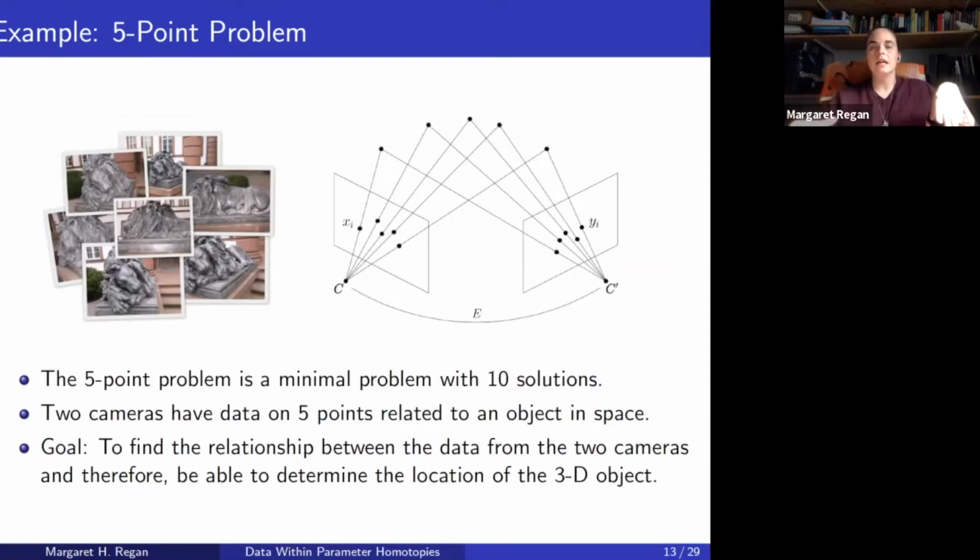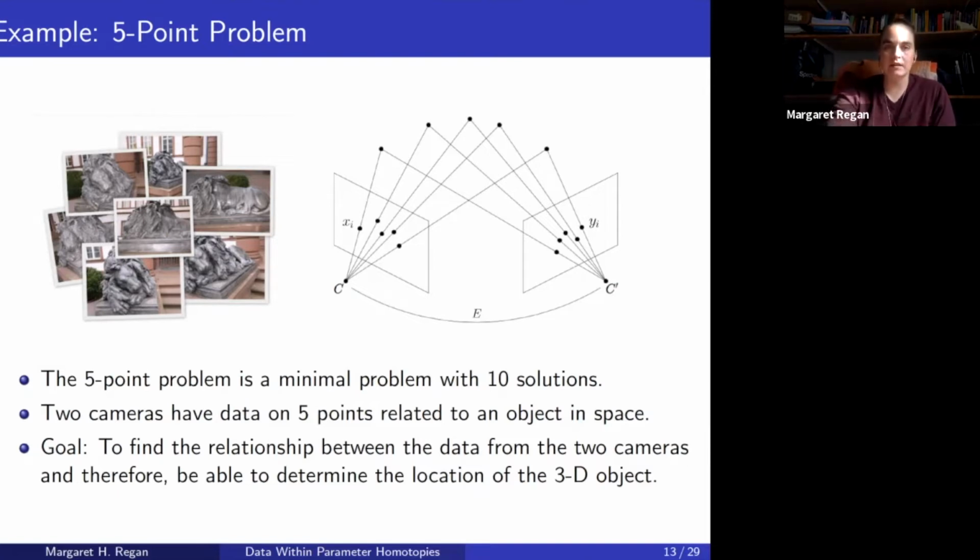And once you have this relationship, there is then some equation that takes this essential matrix that defines that rotation and translation and uses this to then map back to the 3D object and determine its location.